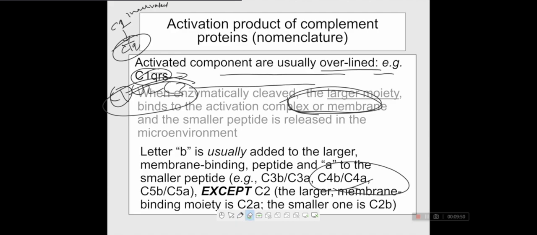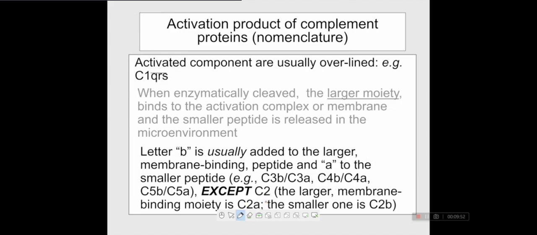When enzymatically cleaved, the larger moiety binds to the activation complex or membrane, and the smaller peptide is released into the microenvironment.